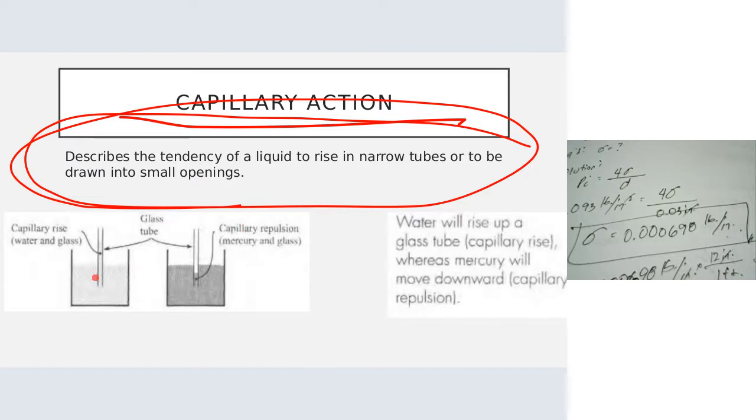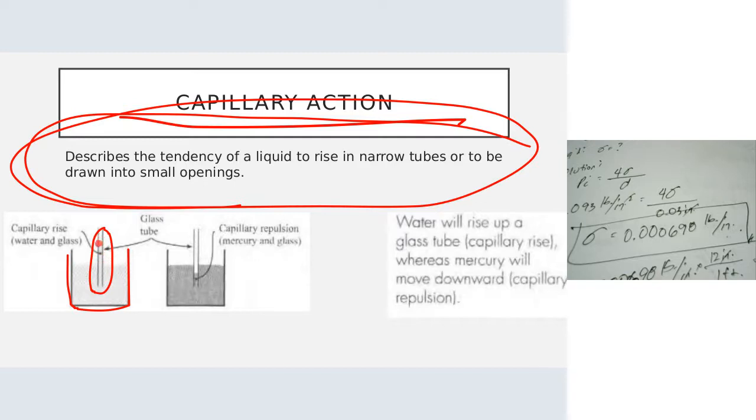When a capillary tube like this one is placed into a container of water, the water rises up the tube because the adhesive force between the water and the glass pulls the water up the tube.